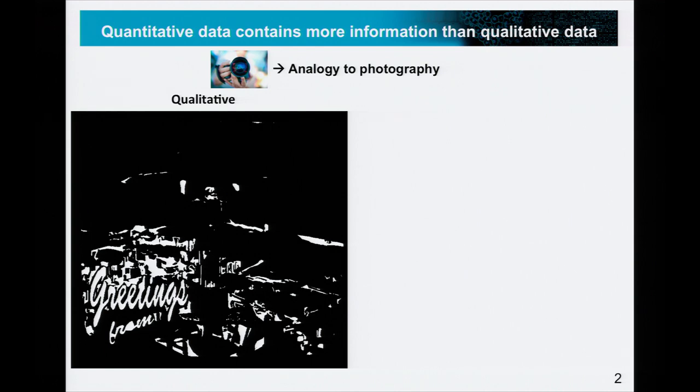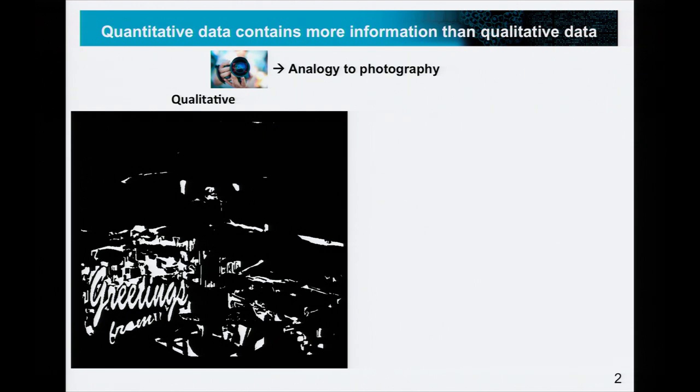From such a picture, you of course can gain some knowledge. In this example, you can see that this part of the picture has something to do with greetings from.